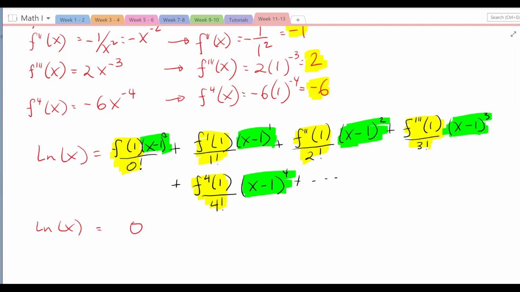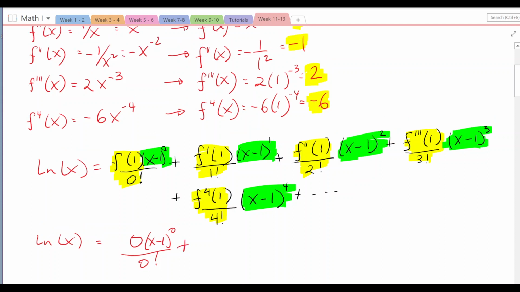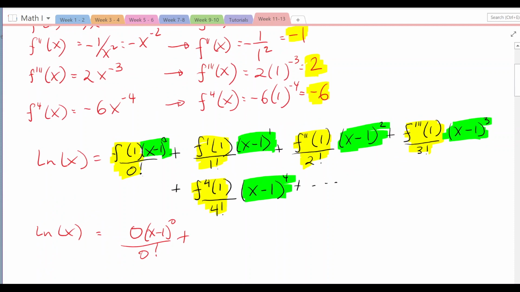So now we are ready to substitute all the values. This is 0 multiplied by x minus 1 to the power of 0 divided by 0 factorial, whatever, the whole thing will become 0. Okay, the first derivative is 1. 1 divided by 1 factorial is simply 1, and therefore this simply be x minus 1 as the second term. And then the second derivative is negative 1, so I should just put negative 1 directly.